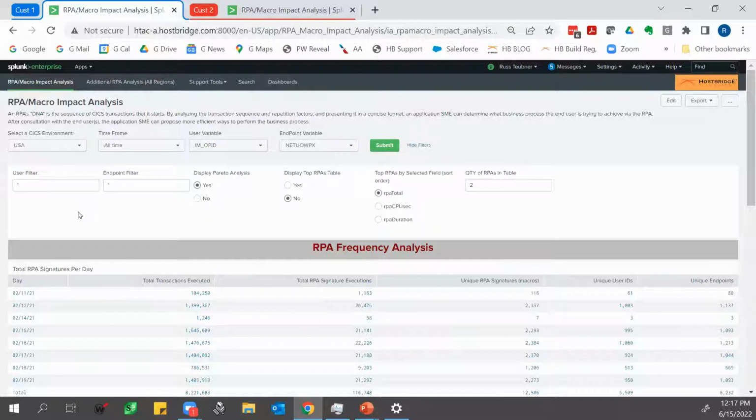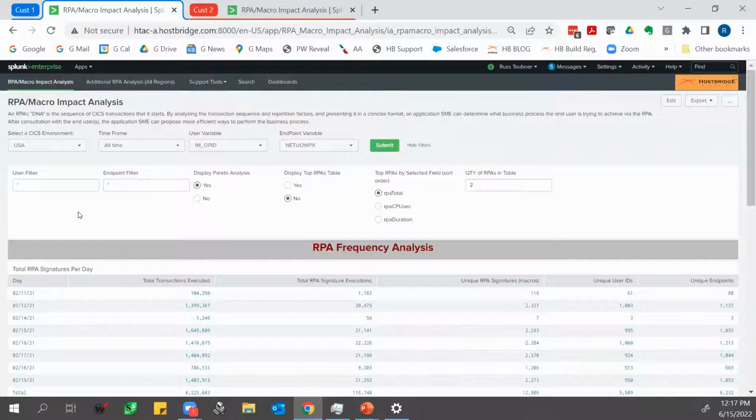But what we do is when you send us your data, we run it through a whole battery of analyses. And it never fails that one of the most interesting analyses that we perform is looking at what we would call macros, or robotic process automation activity.